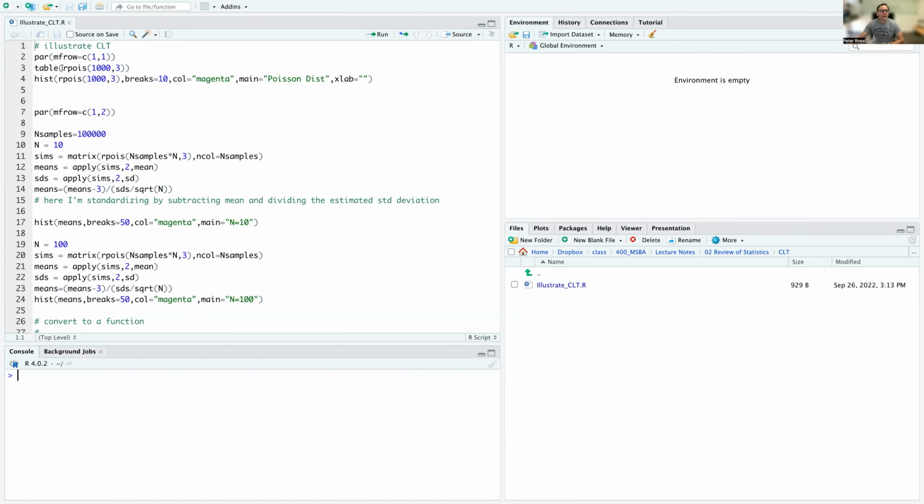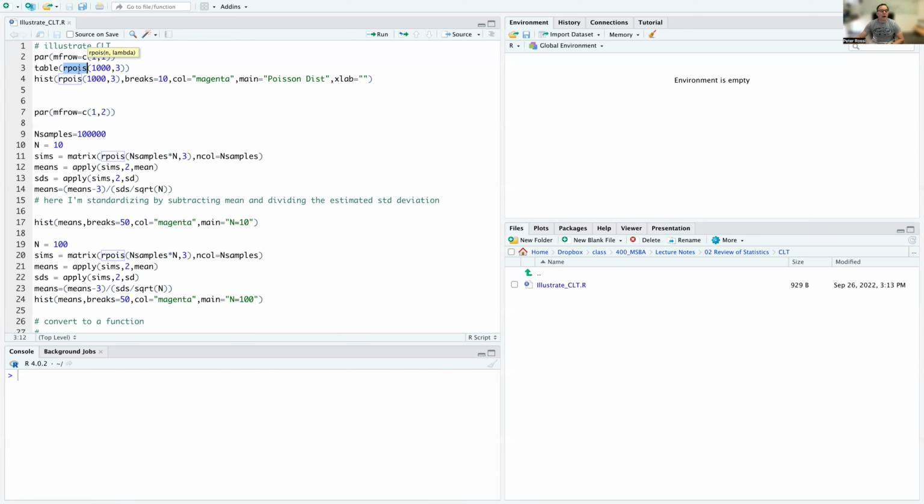We'll use the R function rpois for R Poisson, and you can see that it has two parameters: the usual n, the number of draws you want to do, and lambda, which is the only parameter of the Poisson family of distributions. And in that family, the lambda parameter represents both the mean and the variance, right? So 3 is the mean and the variance.